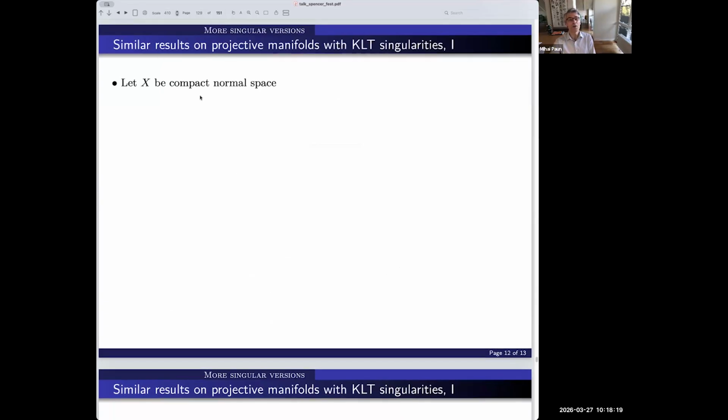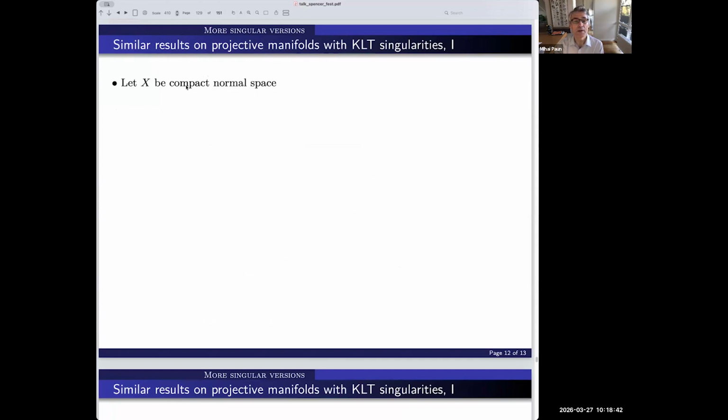All right, now I will mention a few results about singular analytic spaces. Unfortunately, it's not yet clear to us how far we can go in this direction, but anyway, let me just tell you what we have for now, my collaborator and myself.